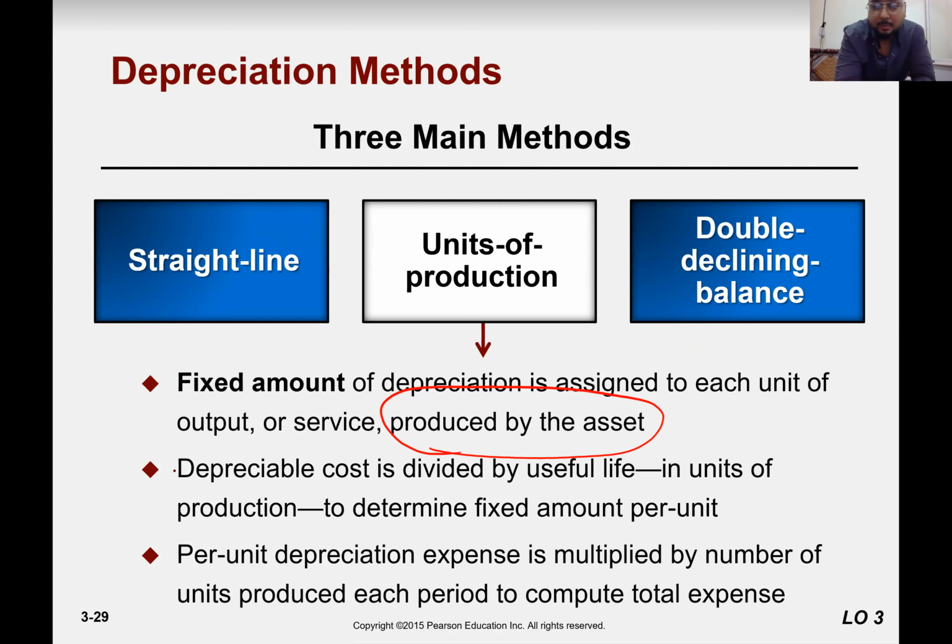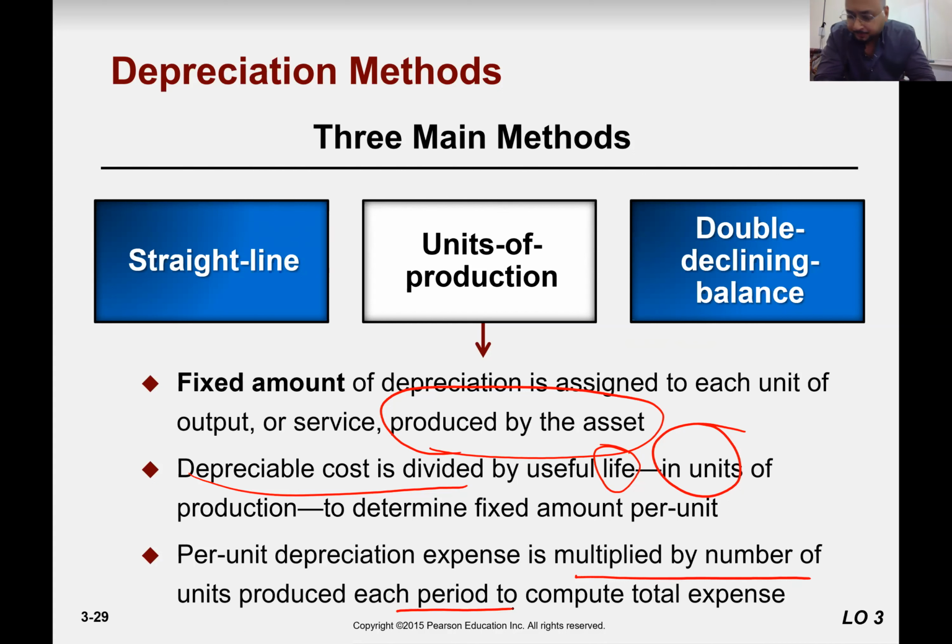In this case, the depreciable cost is the cost divided by not the life in years, but life in units, right? And then to find the depreciation, the per unit depreciation expense is multiplied by the number of units produced each period.